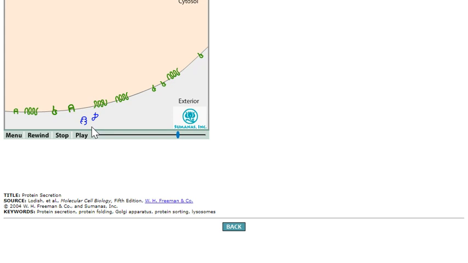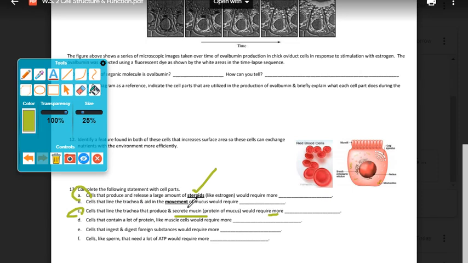One cell makes it and then dumps it out. And then that molecule will travel to a different cell in the body, okay? So on this one right here, any cell, if its job is to make protein and kick it out of the cell, it needs a ton of Golgi to tag it to send it to the cell membrane, okay?